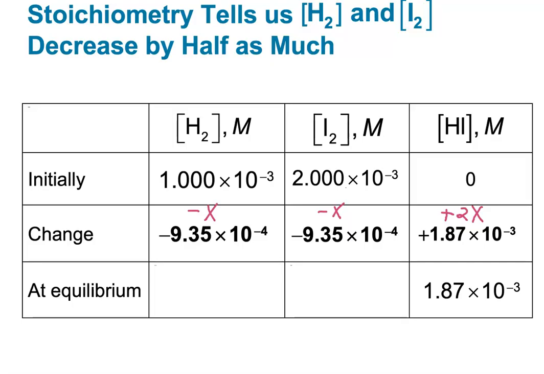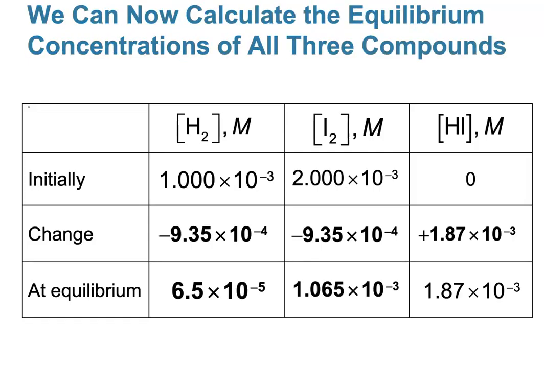We know the change in H2 and I2 is x, so half of that is 9.35 times 10 to the negative 4. Then we can subtract that from the initial concentrations, and we get our answers of 6.5 times 10 to the minus 5 and 1.065 times 10 to the minus 3.